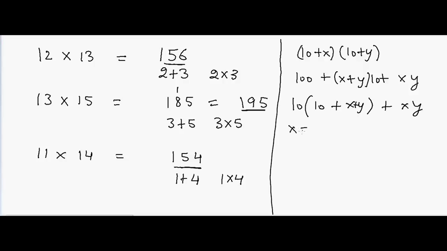So if x is equal to 2 and y is equal to 3, you can see it will be equal to 10 into 10 plus 5 plus 2 into 3.